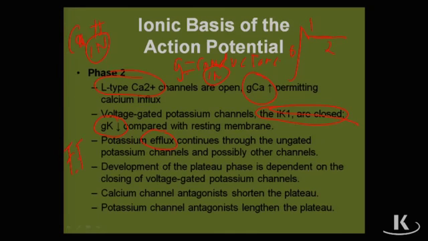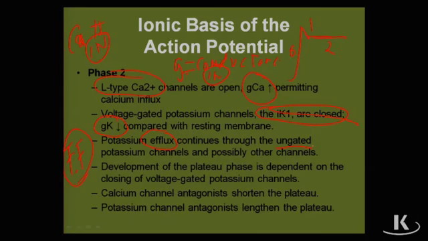Now, the potassium continues to leave. Remember, efflux: ef means from, af is to. Efflux flows from, continues through the ungated channels. Why does it continue through the ungated channels? Because the concentration of potassium, is it greater in the cell or is it greater outside the cell?